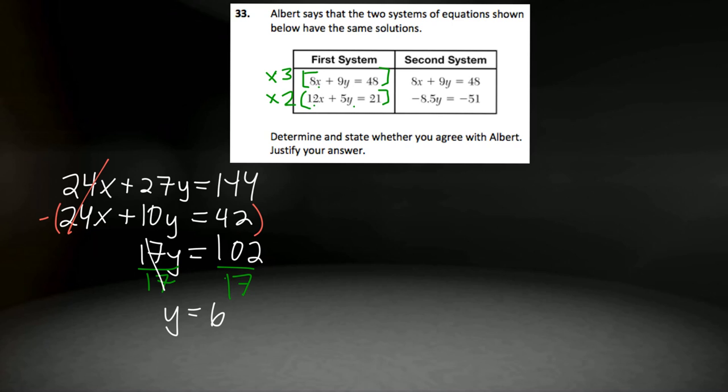Now to figure out the x value, let's take the original equation, and I'll write it up here. We're going to replace the y with 6, because we just figured that's what it's equal to.